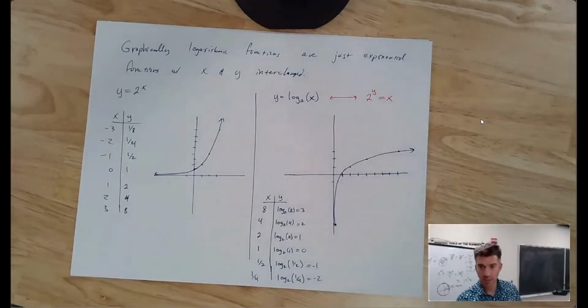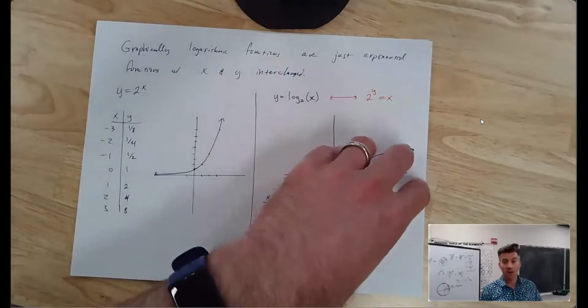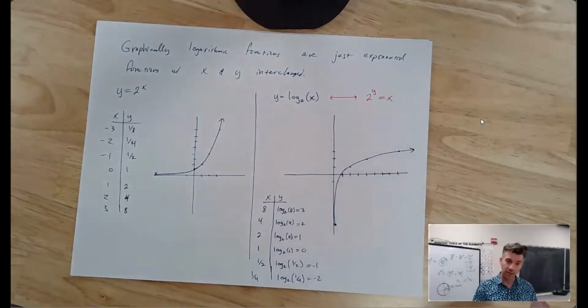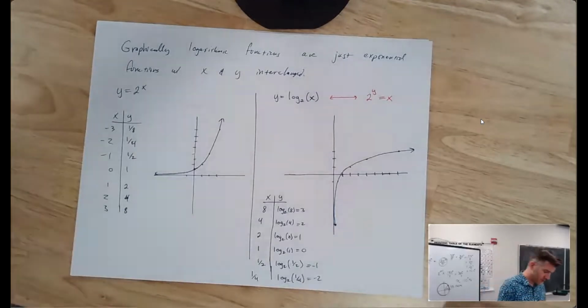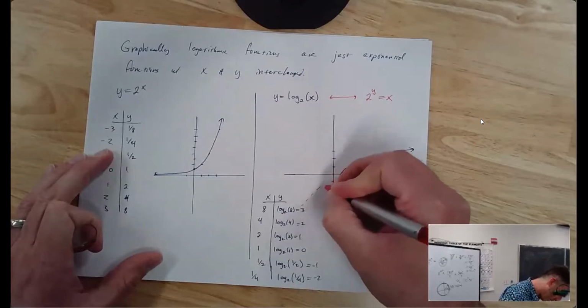So something to be aware of here, which is a nice fact, is that this graph and this graph are reflections of each other across the line y equals x. So if you were to draw the line y equals x, I'm going to draw it dashed.